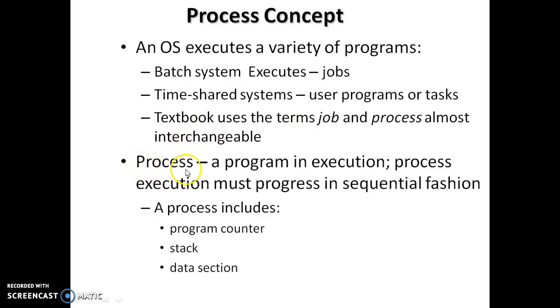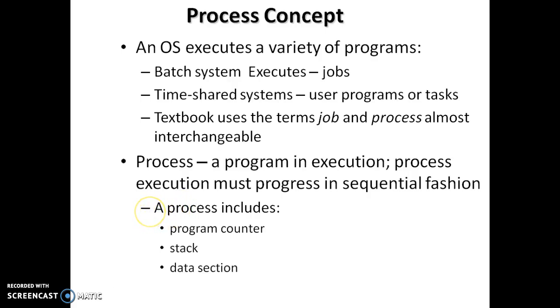In general definition, process means a program in execution, where process execution must progress in a sequential manner. That means all the given set of instructions need to be loaded and executed in the main memory one by one with the help of the processor.